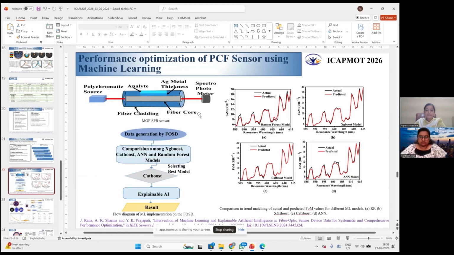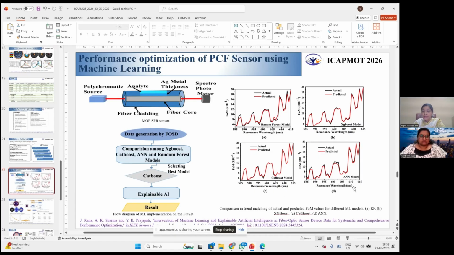Actually, this is not a photonic crystal fiber; this is a simple traditional optical fiber which has been used as a sensor, and machine learning models like CatBoost, XGBoost, ANN, and random forest are implemented in order to train the model and predict. And these results are compared here in the figure.